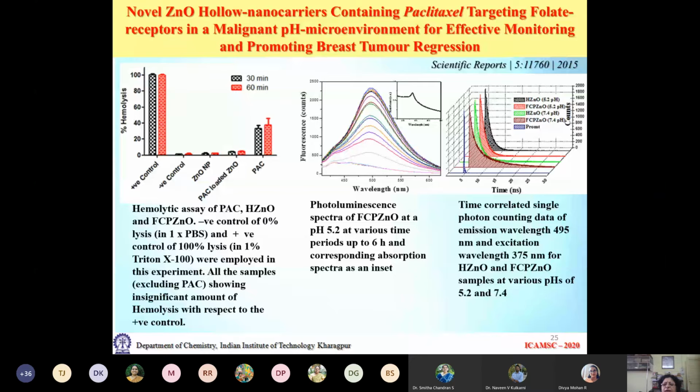As soon as it is entering the cell system, the endoplasm of the cell, by rupturing the surface, then there is a drastic increase in the intensity of the photoluminescence. So that means you have an indication that your drug delivery unit has entered the cell.